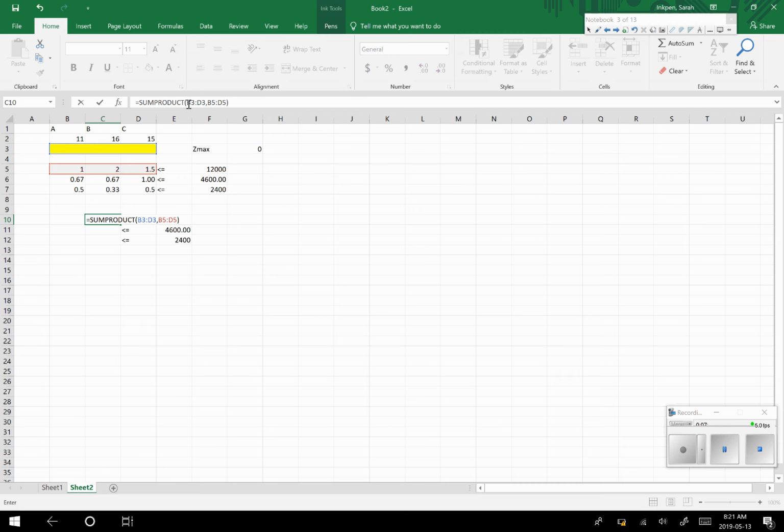And if I highlight these first two and push F4, not on the surface apparently, so I need to put the dollar signs in myself.